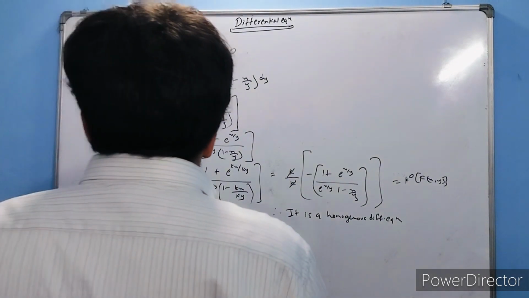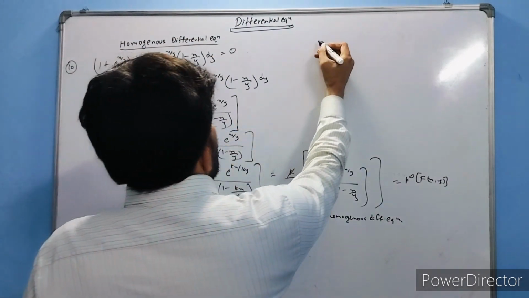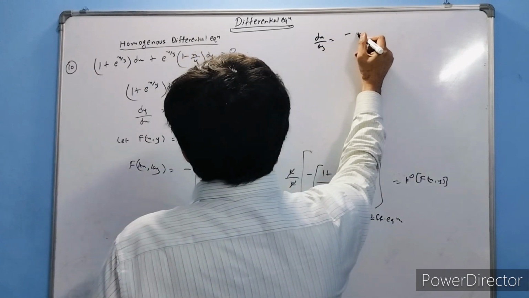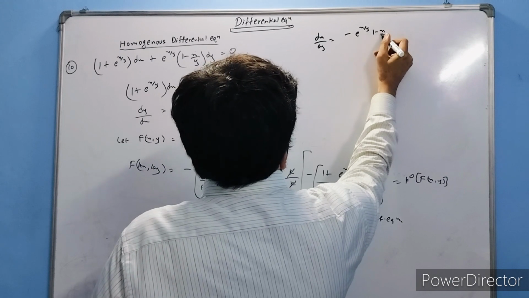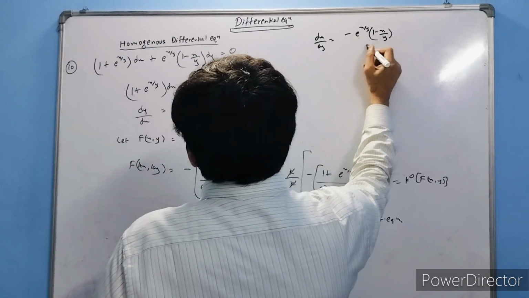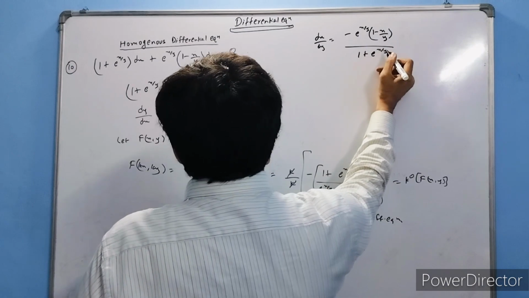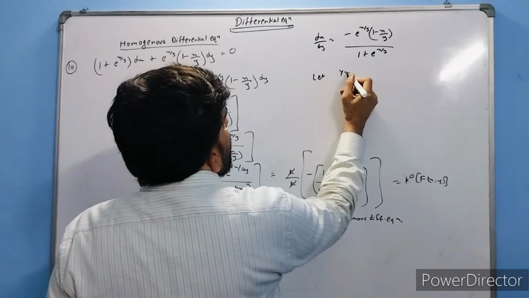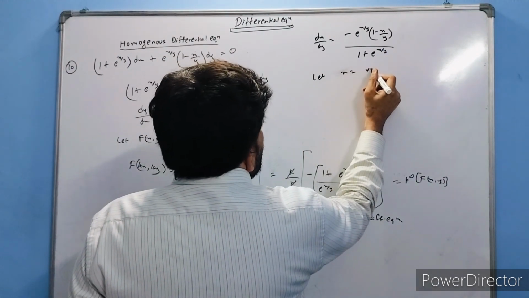Now after rearranging it, we find that dx upon dy is equal to minus e raised power x upon y (1 minus x upon y) upon (1 plus e raised power x upon y). So now we'll substitute x is equal to vy.